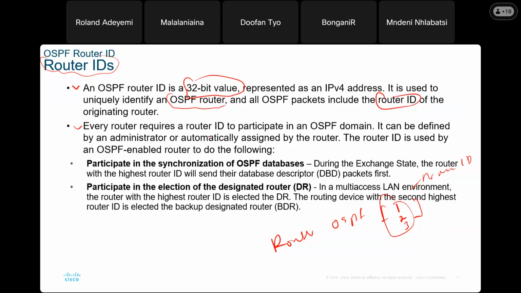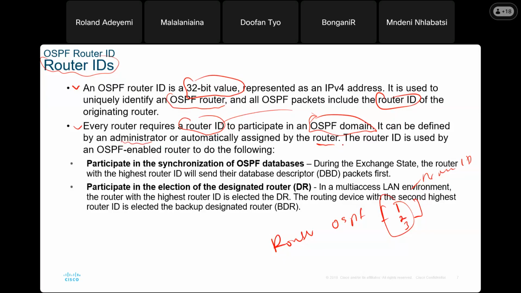Every router requires a router ID to participate in an OSPF domain. Take note of that. If you don't have a router ID, you cannot participate in OSPF. You can't participate in the election, you can't do anything. It can be defined by the administrator, or automatically assigned by the router.